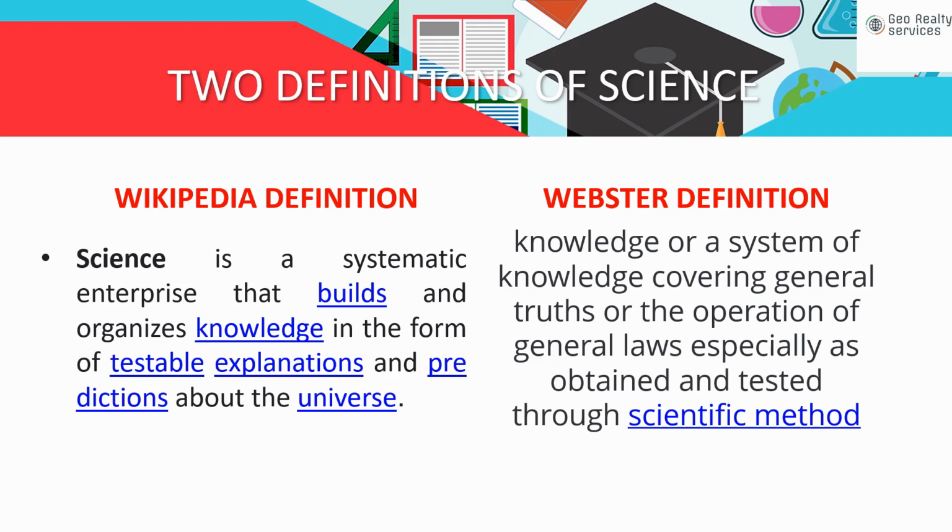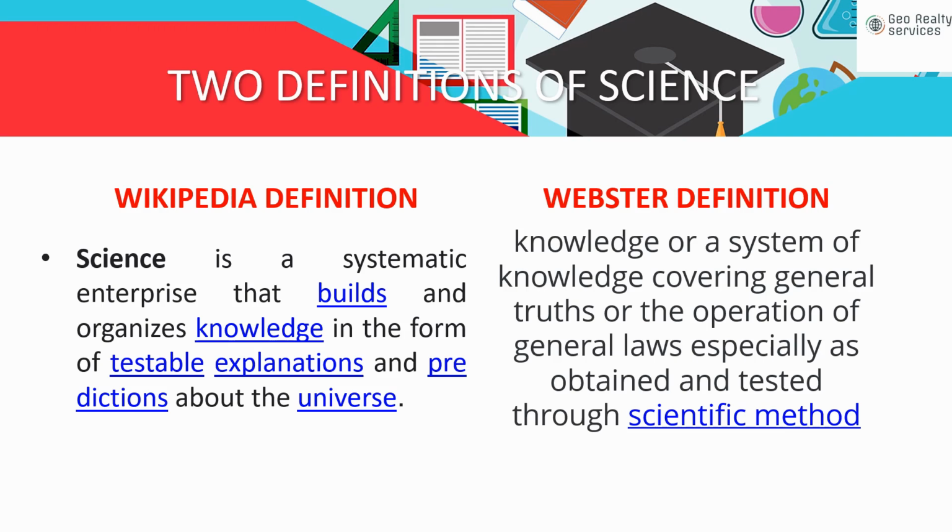Now let's look at the definition given by Webster. According to Webster, science is knowledge or a system of knowledge covering general truths or the operation of general laws, especially as obtained and tested through scientific method.